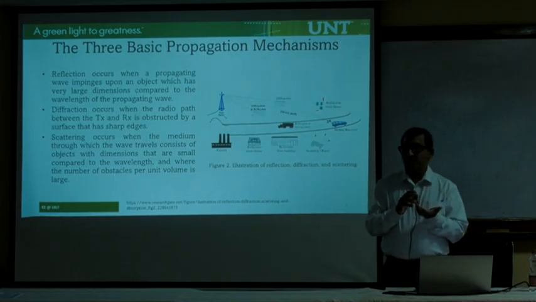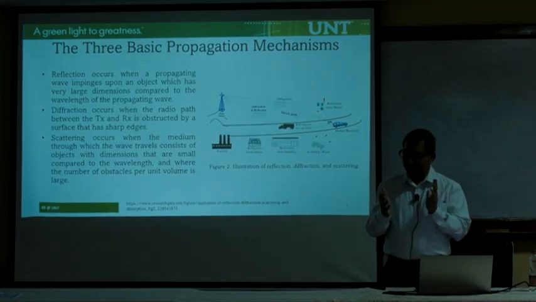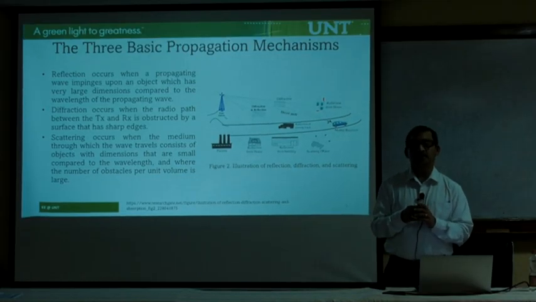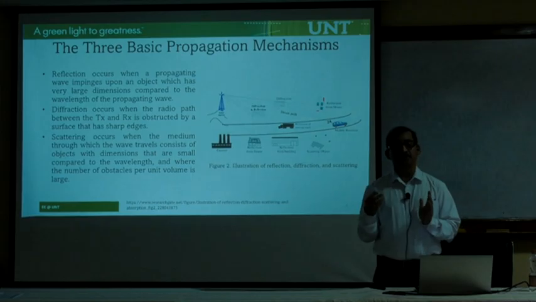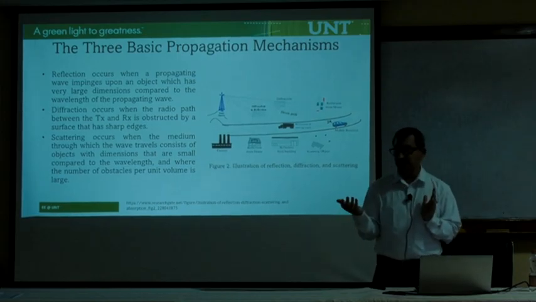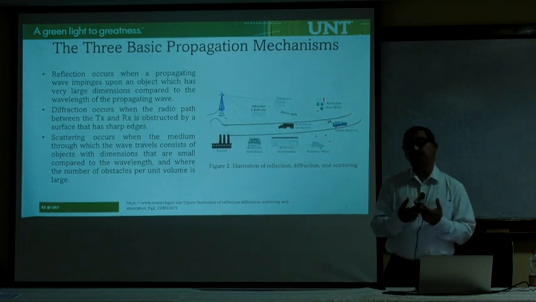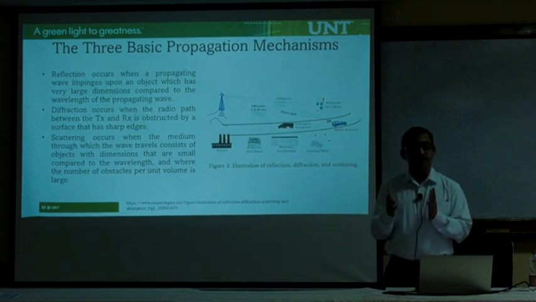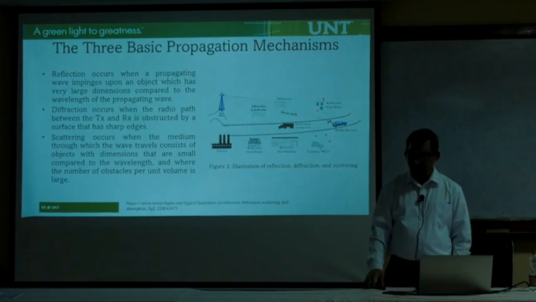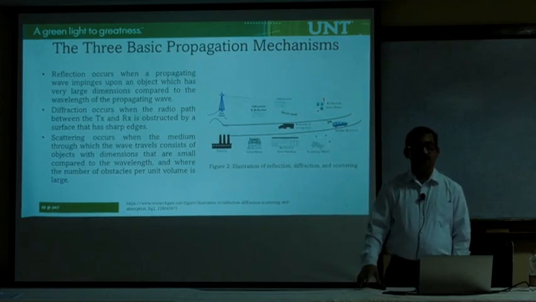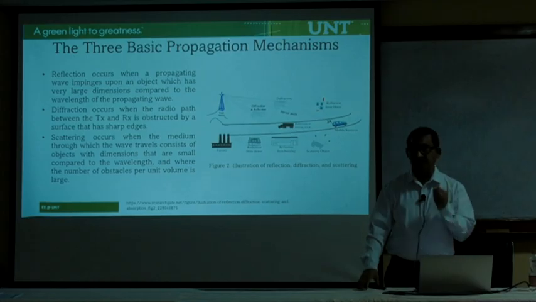So probably there is an optimal altitude where you balance, so that you don't encounter so much path loss, and at the same time you want to have a clear line of sight. So there is an optimal altitude, and that is another reason why placement of a UAV for aerial base stations is an important research problem.